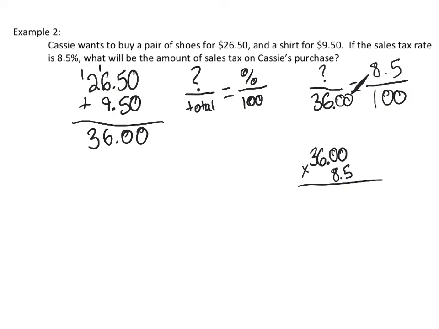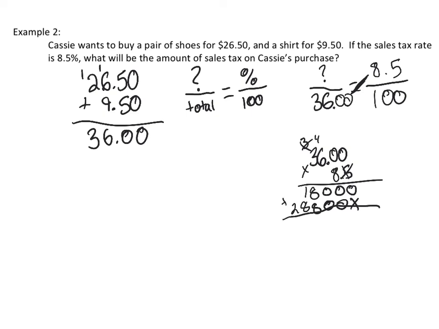So 5 times 0 is 0, 0. 5 times 6 is 30, carry the 3. 5 times 3 is 15, plus 3 is 18. X for place value, we get 0, 0. 6 times 8 is 48, carry the 4. 8 times 3 is 24, plus 4 is 28.